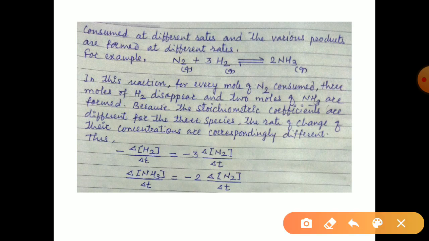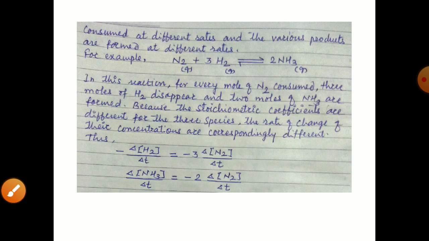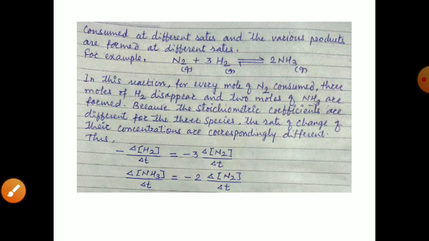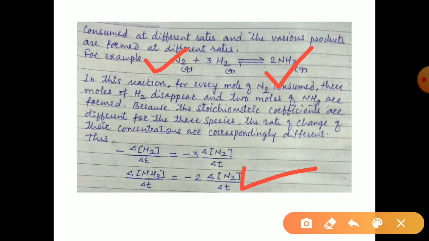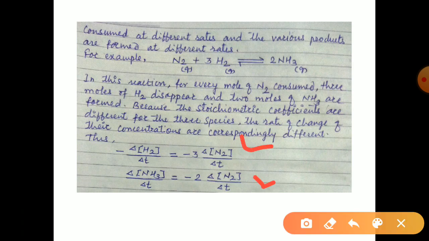Rate of disappearance of H2 is 3 times the rate of disappearance of N2. Similarly, the rate of formation of NH3 is 2 times the rate of disappearance of N2. So here the rates are different.